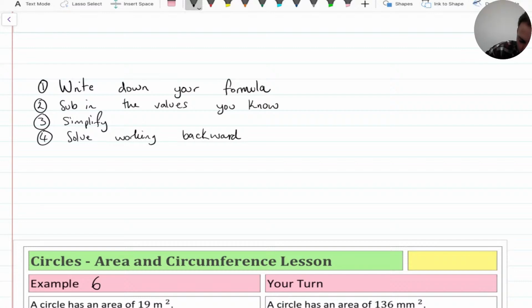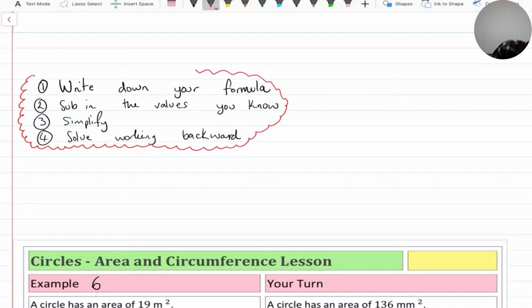Okay, this here is really important for those trickier questions which come up, which will give you more marks. They're the 4 steps. You write down the formula, then you sub in the values that you know, then you simplify, and then you solve working backwards.